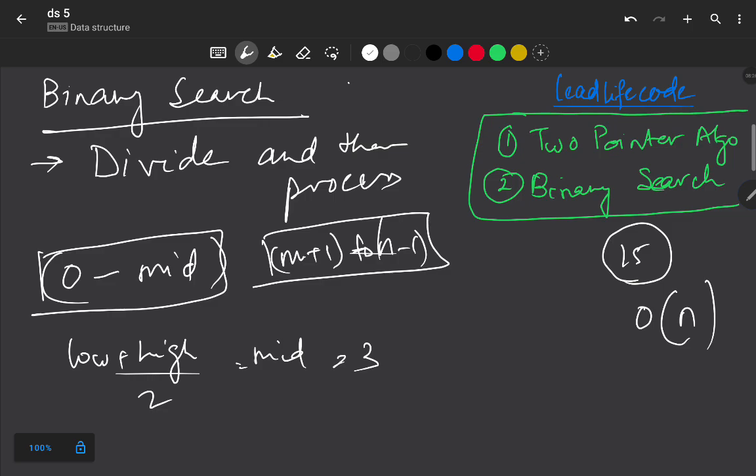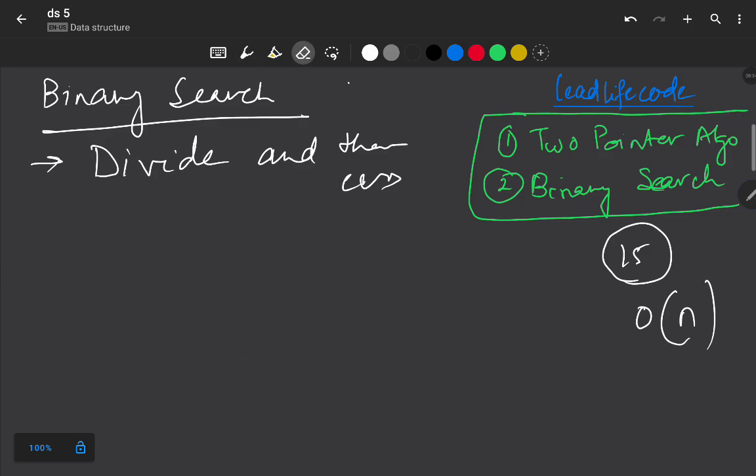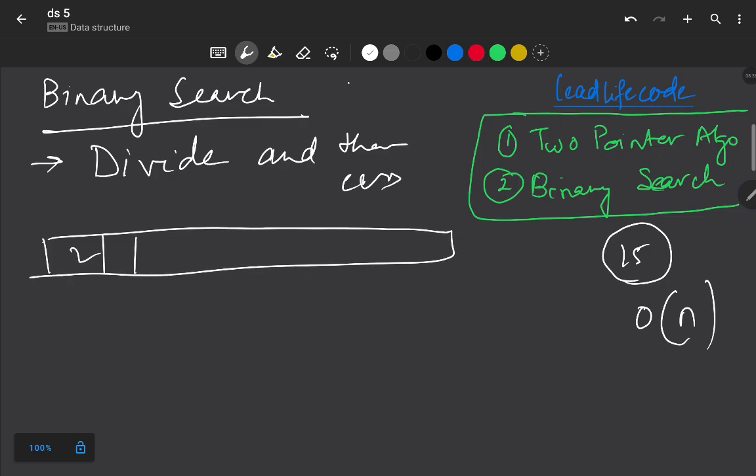Okay, I deleted the example array. Let me create it again. So let us take this array: 2, 5, 9, 11, 13, 17, 20, with indices 0, 1, 2, 3, 4, 5, 6.